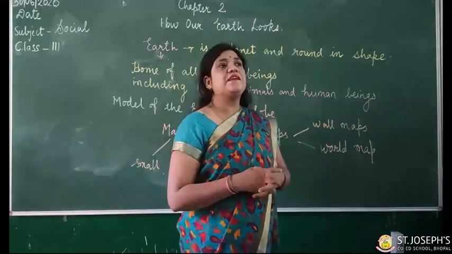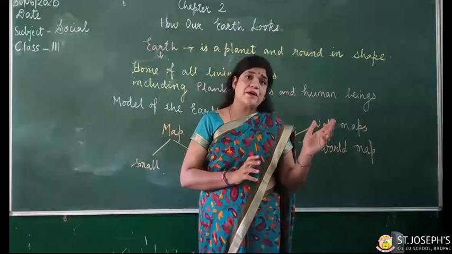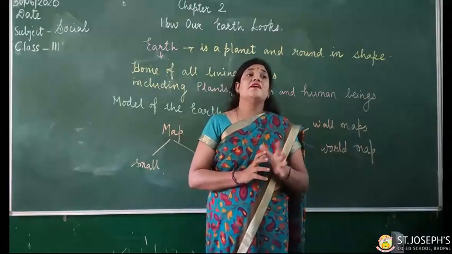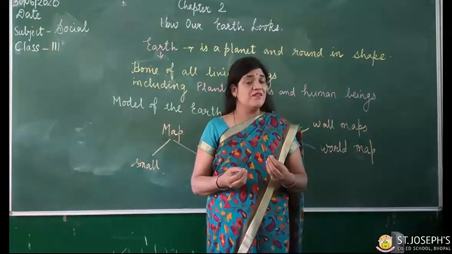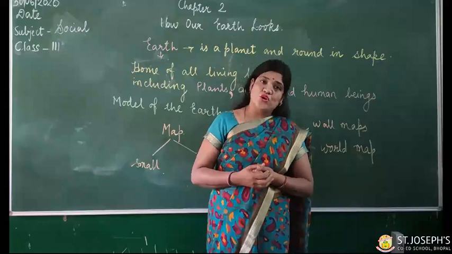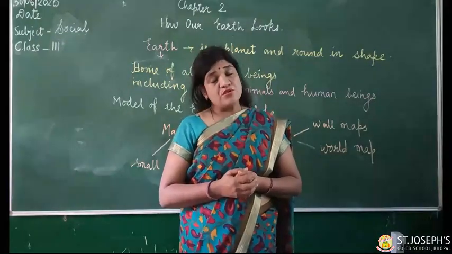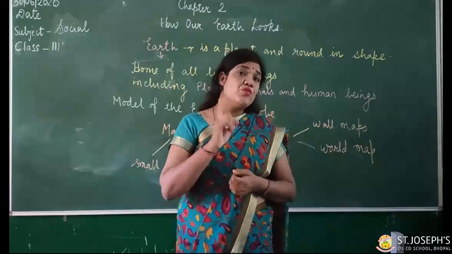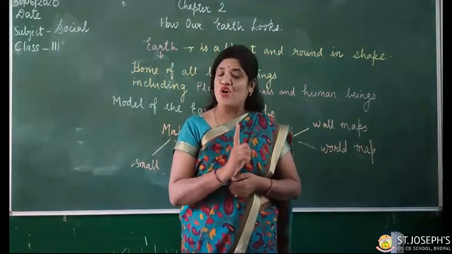So first, children, let me clear that Earth is round in shape, as I told you. In our first chapter, Our Earth, we have already studied how it is round in shape. Before it was said that it is flat, but it was not flat. A Portuguese sailor, Ferdinand Magellan, proved that the Earth is round like a ball and is not flat.